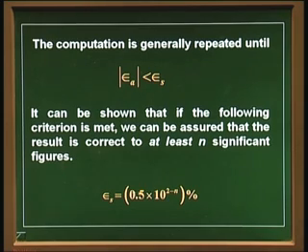Okay, so that's the point. If I want to keep n significant digits, I should keep my tolerance as 0.5 into 10 to the power of 2 minus n percentage. Or in other words, if you have a machine with n significant digits, there is no point in keeping a tolerance which is less than this.